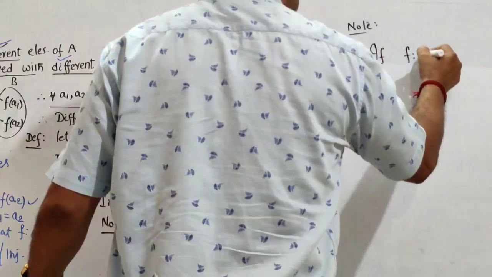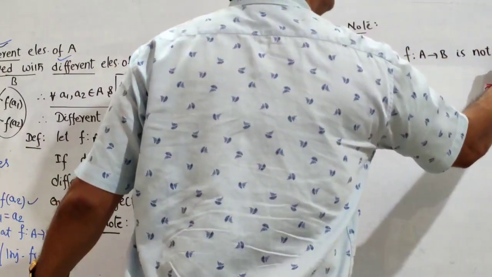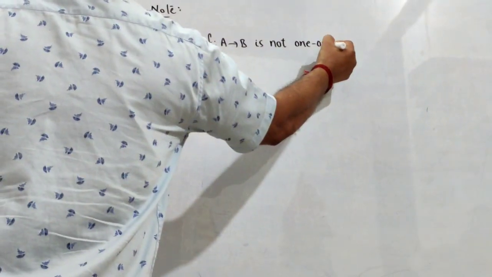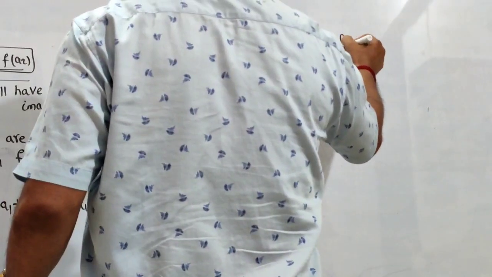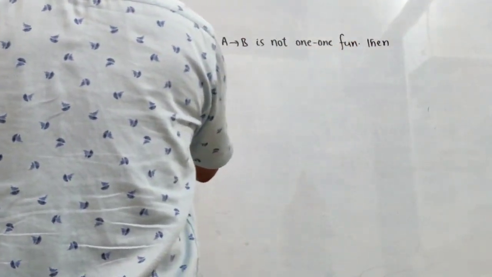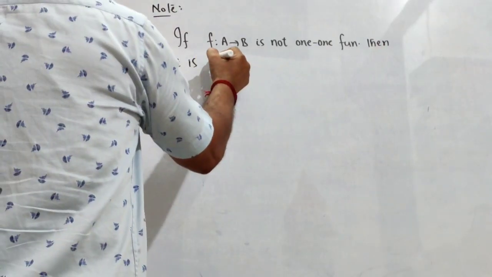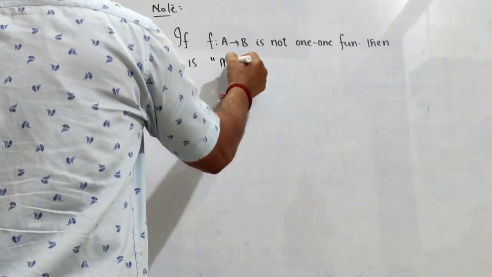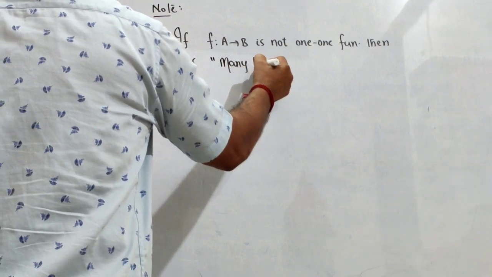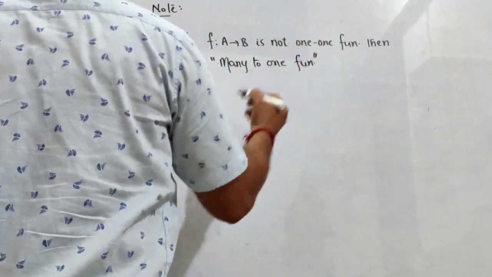f from A to B is not one-one function, then it is many-one function.